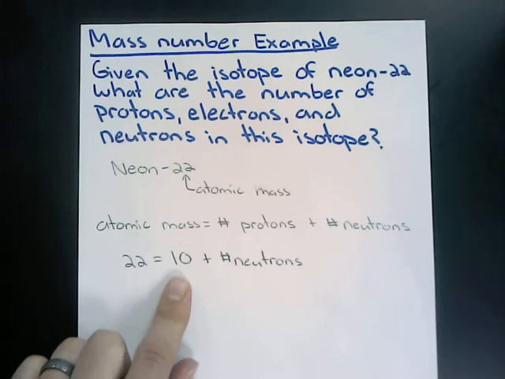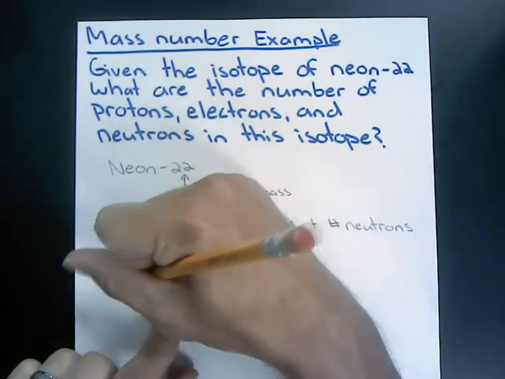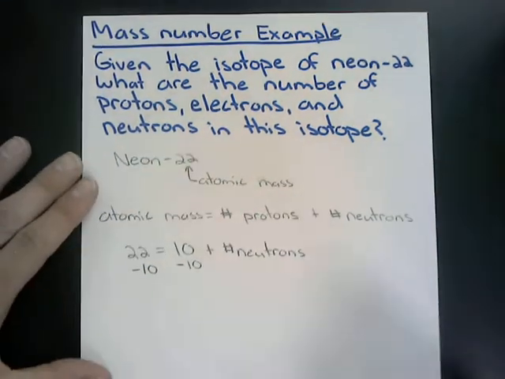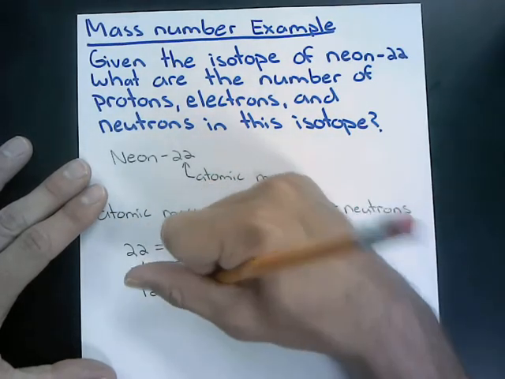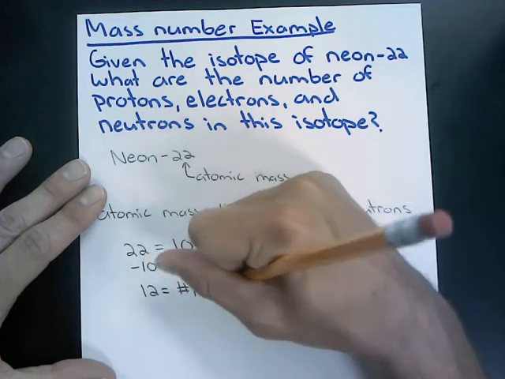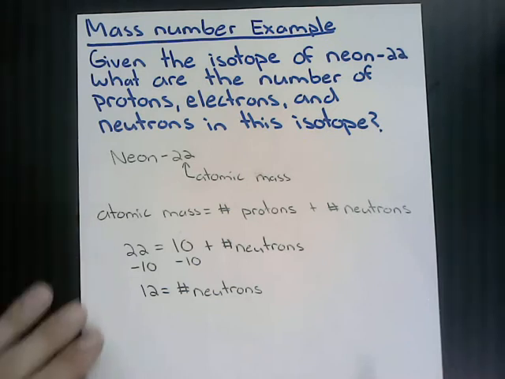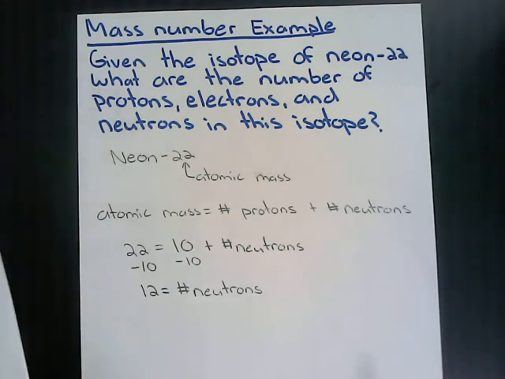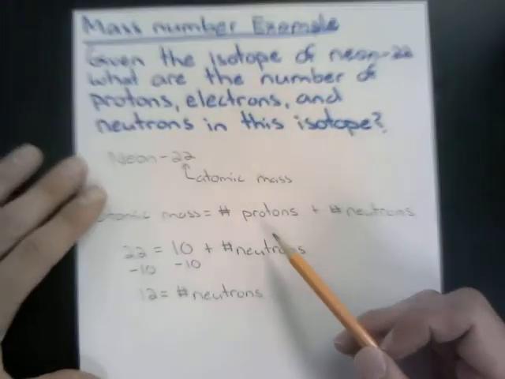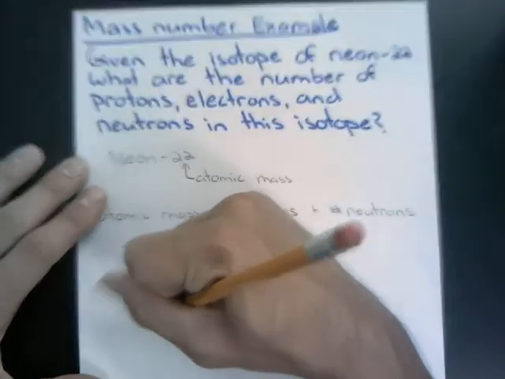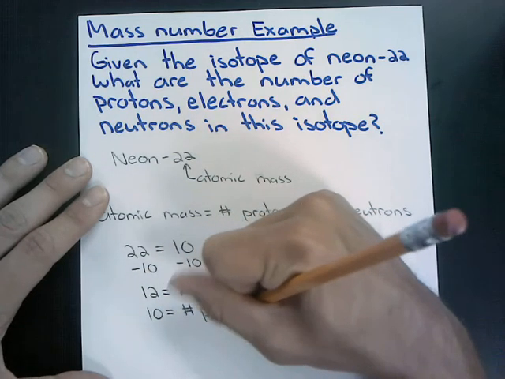All we need to do, think like algebra, is to get rid of 10, we just subtract 10 on each side. 22 minus 10 is 12, as the number of neutrons for neon 22. We said that 10 was the number of protons, which is equal to that atomic number.